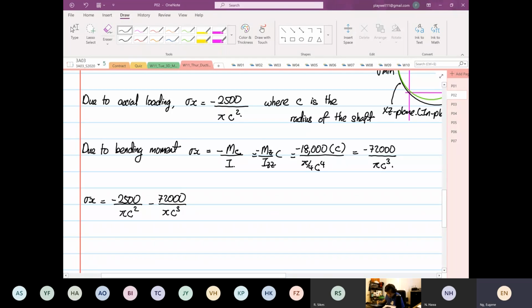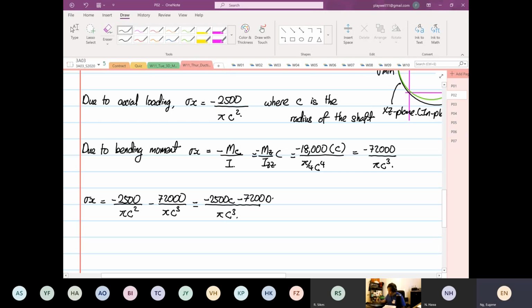Then I'm going to make a common denominator, pi c cubed. Why? Because later on when we deal with the Mohr circle, it's going to be easier for us. So this will be equal to minus 2,500 c minus 72,000.